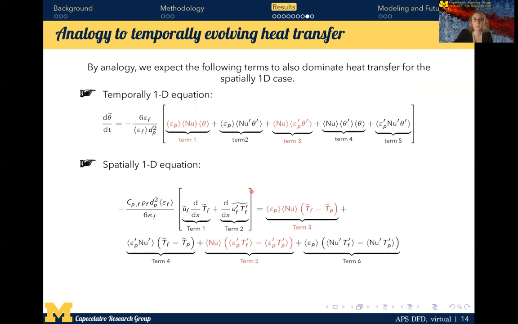So by analogy, we would expect that the following terms will also dominate the heat transfer in the spatially 1D case. So if we compare the important terms from our temporally 1D equation with those in the spatially 1D equation, we would expect term 3 and term 5 to also be important.